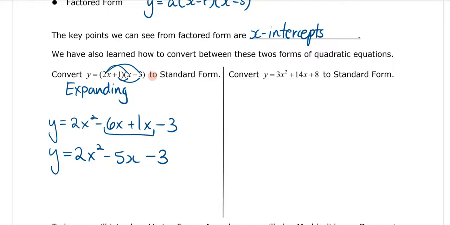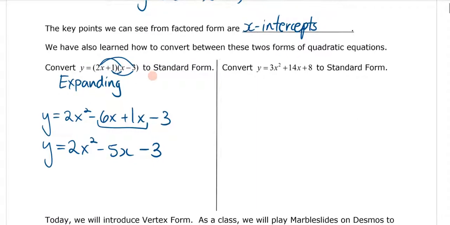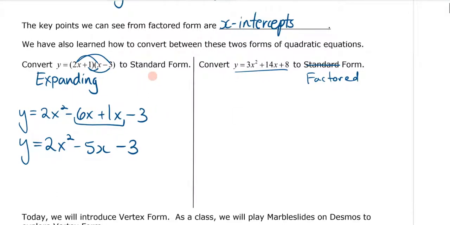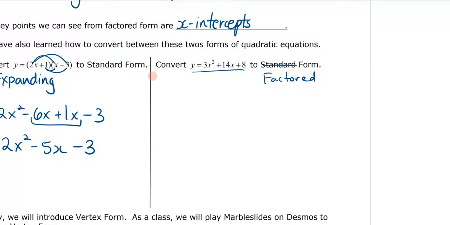To convert from standard form to factored form, we would use some of the techniques that we have learned. One technique would be the product sum. We take a times c, which is 3 times 8, which is 24.